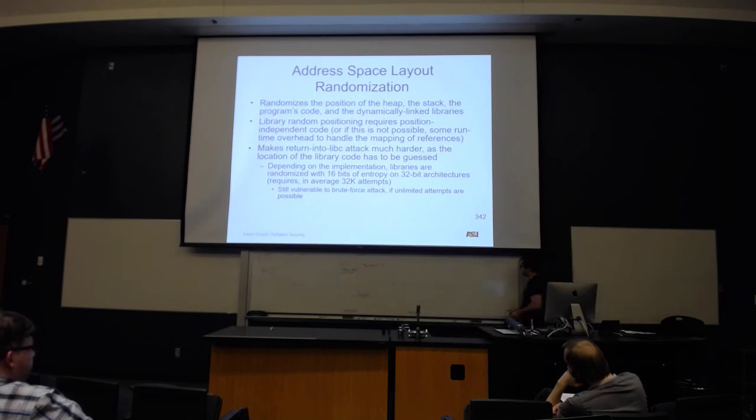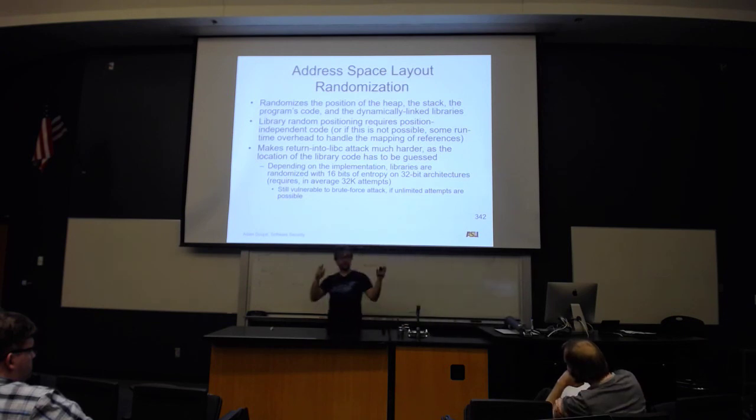For one thing, you can't load libraries into the top half of memory that's reserved for the kernel. So right away, that's 1 bit of entropy less. You can only load libraries straight off the bat into the 31 bits of memory. There are other constraints.